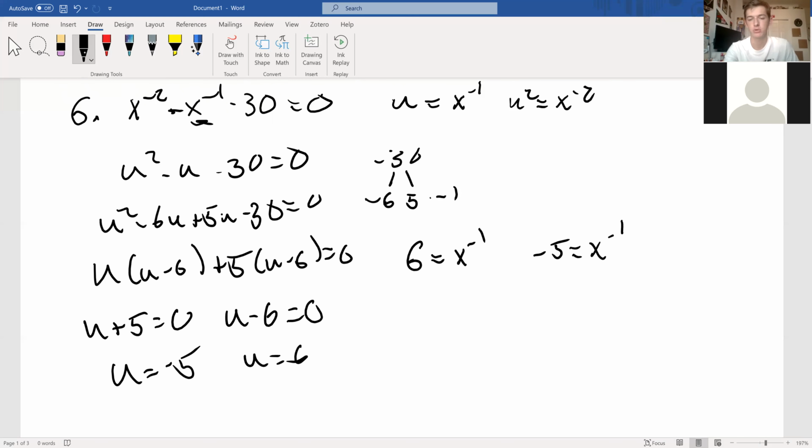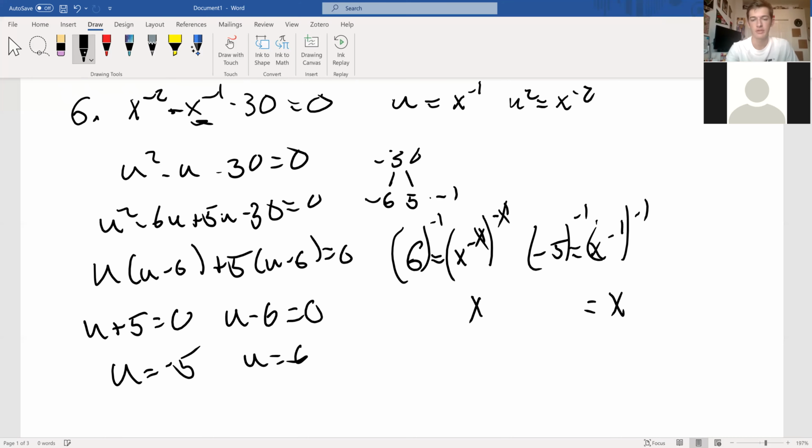You can either raise both sides to the negative 1 power. So that would make the exponents cancel on this side, so you're just left with x. And something raised to the negative 1 turns it into a fraction. So we get 1 over 6, and negative 1 over 5.